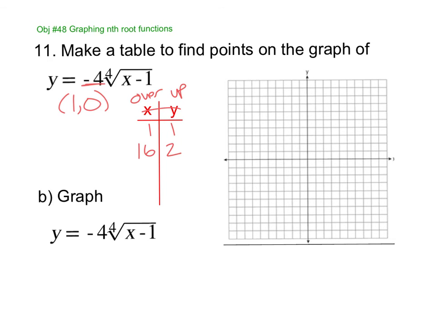We're going to multiply times -4. Not that the 16 really helps, but over 1, instead of up, we're going to go down 4. 1, 2, 3, 4. And then this is -8.